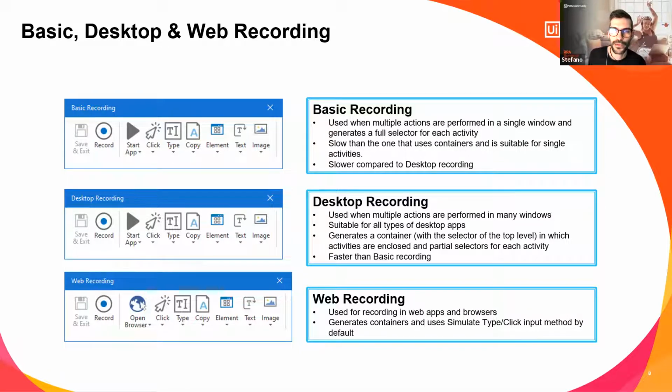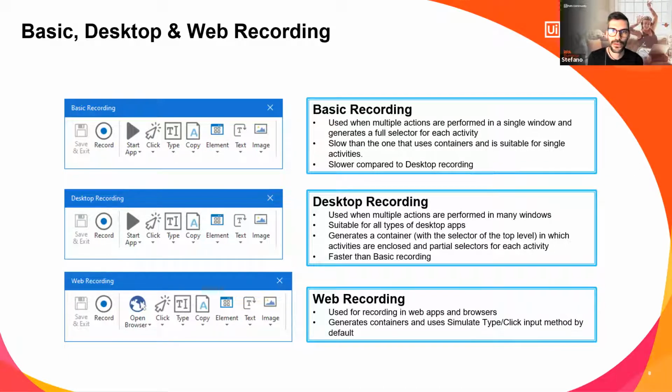So when you spy all the elements inside a single window, let's say a single web page or just a single application, and you do just a few activities, let's say click, type into, click again, and stop, it uses the basic recording. It is slower compared to the other recording types, but is suitable for single activities and simple sequences.